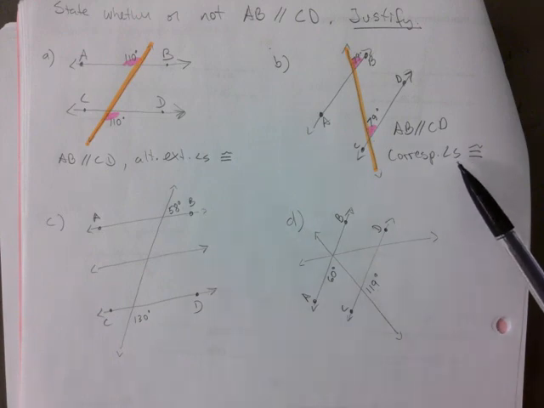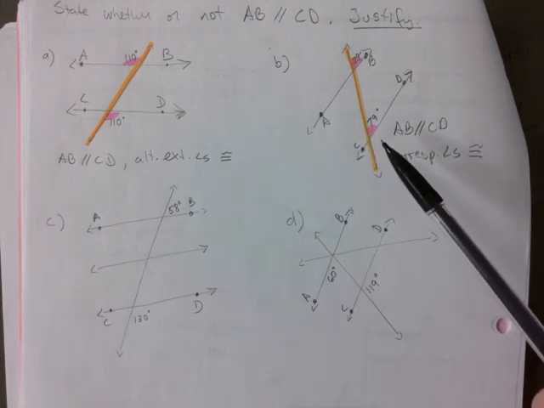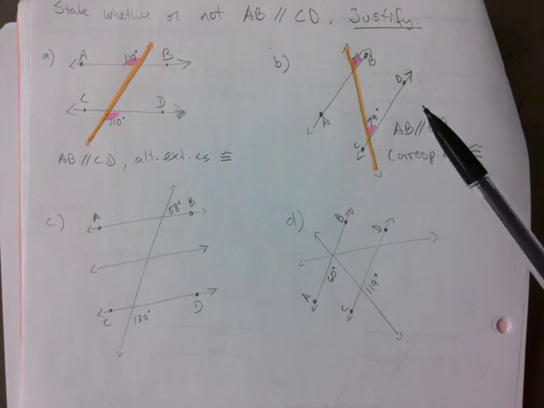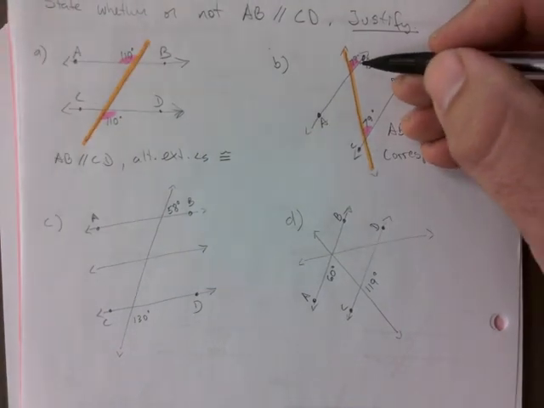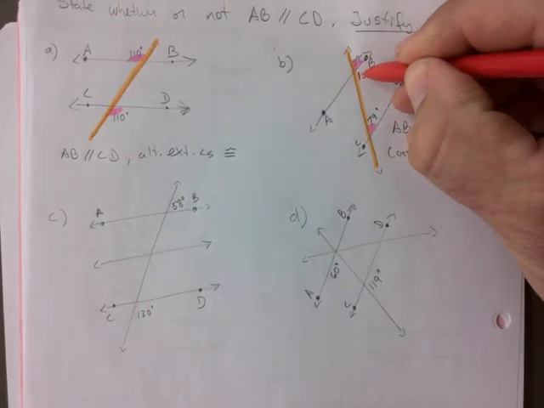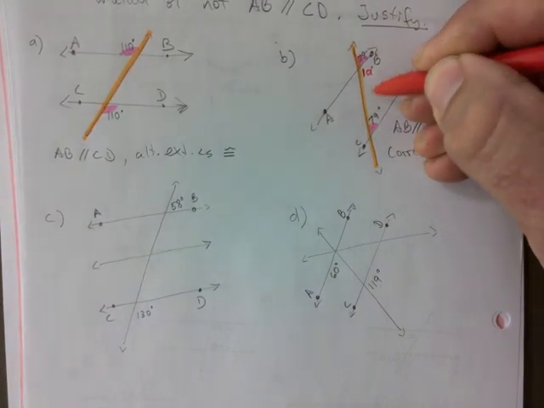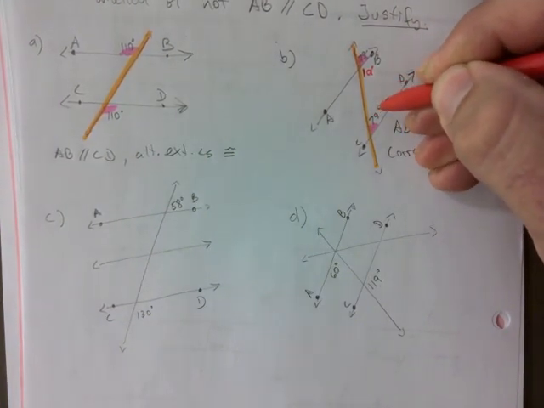So consecutive interior angles add up to 180. If we were to dig deeper, we would actually find that out, okay? So remember that, because, right, if this is 79, then this turns out to be 101, because they're supplementary along here. And these are consecutive interior angles. They add up to 180.